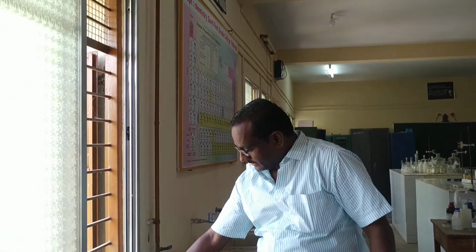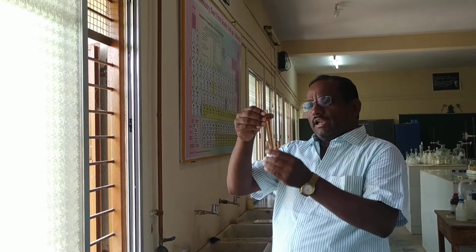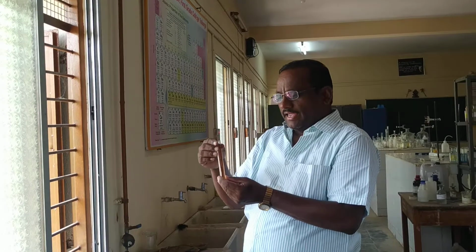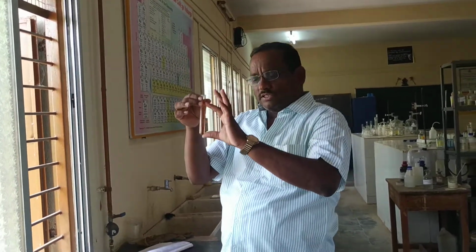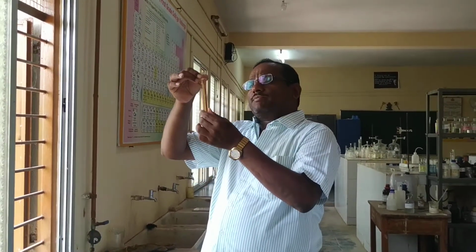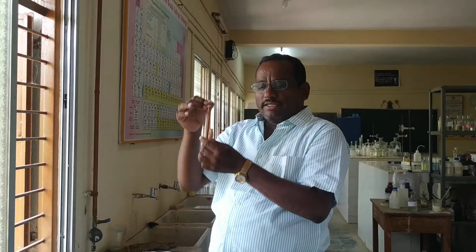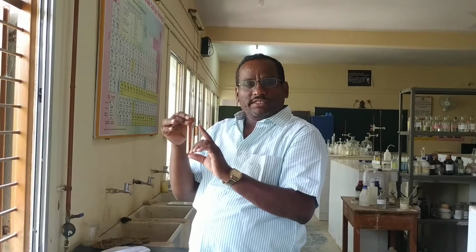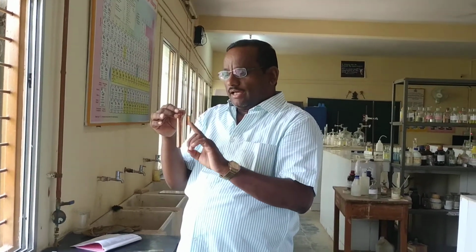Now in this test tube, 15 ml of the solution: 2 ml, 6 ml, 5 ml, 2 ml, total volume becomes 15 ml, and it develops the color by the addition of the KCNS and the iron solution. It becomes colored, formation of the complex's color.